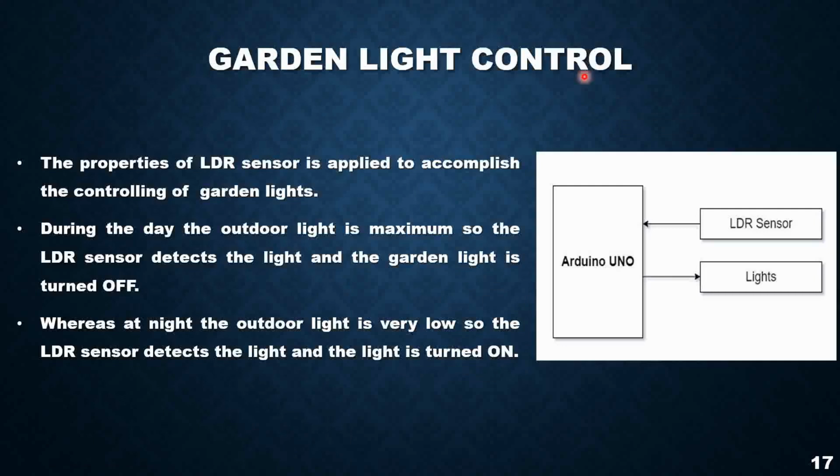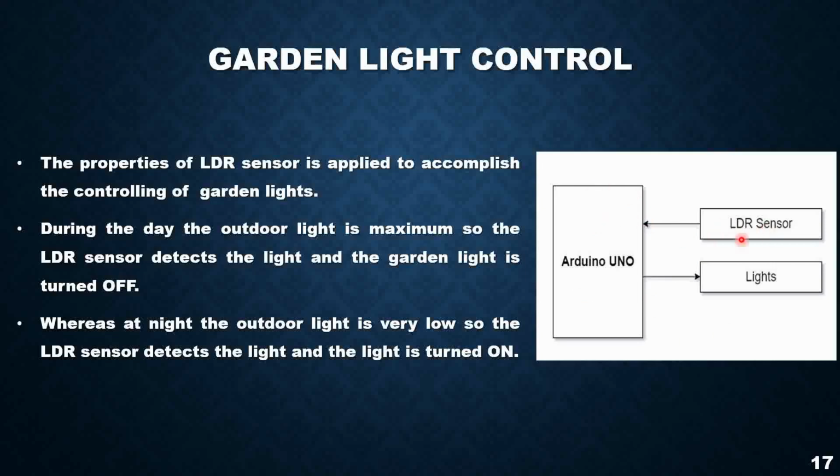Garden light control. This is the objective we have tried to accomplish in our project, and the properties of the LDR sensor we have seen in the previous slide are applied to accomplish the controlling of garden lights. This picture says most about it.